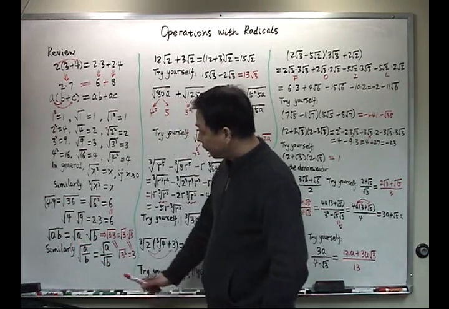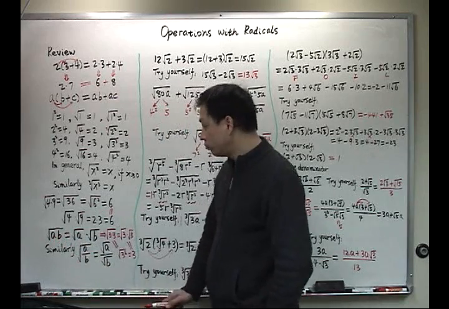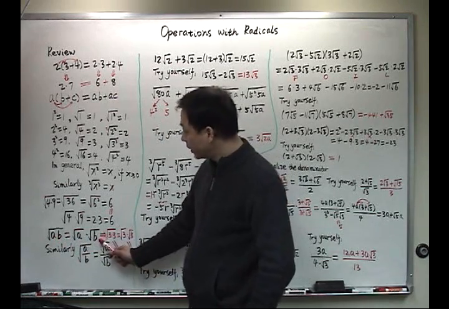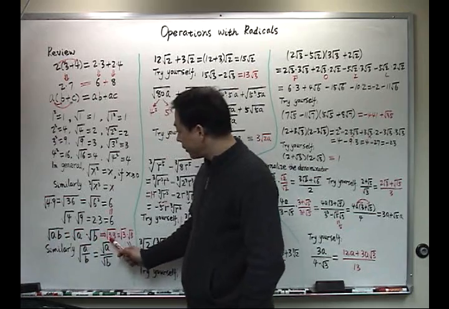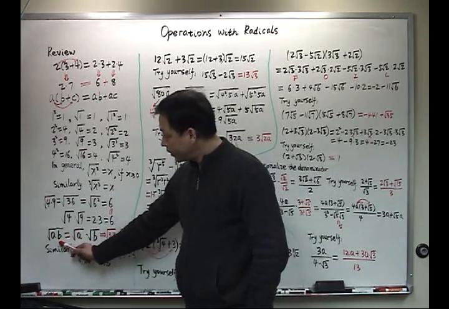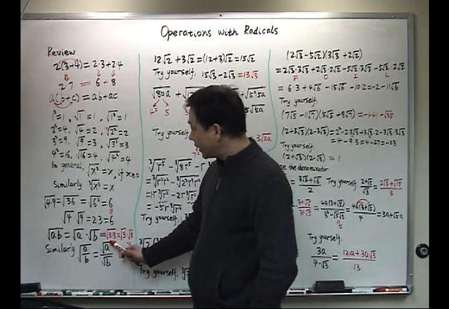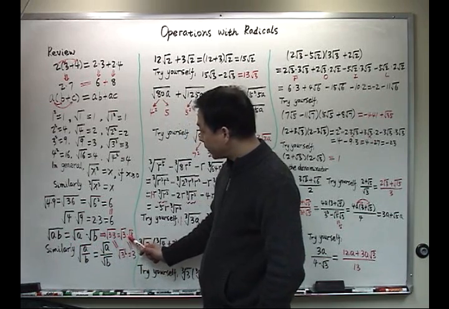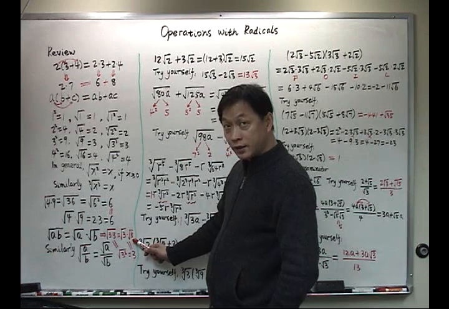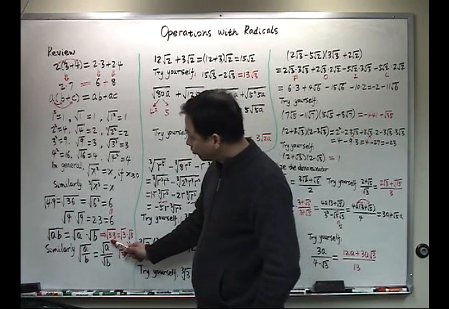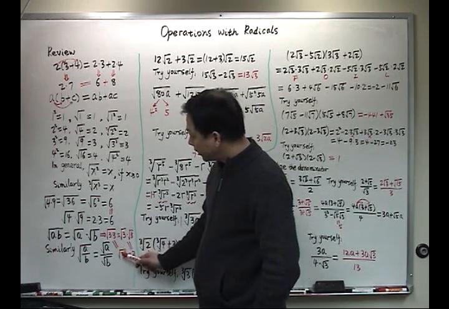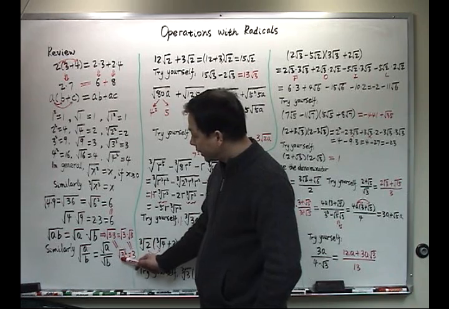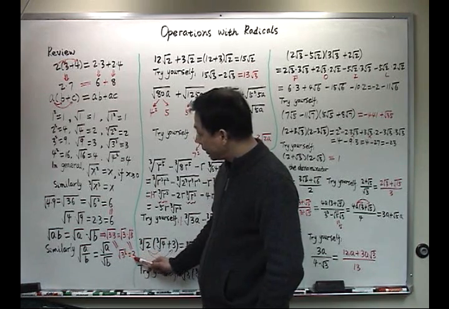And if A and B are equal, for example, A is 3, B is 3, then by this formula, you have radical 3 times 3 is radical 3 times radical 3. We know radical 3 times 3 is radical 3 squared, and radical 3 squared is 3.